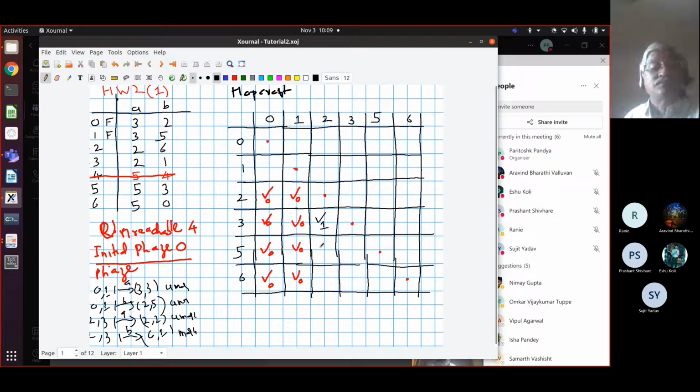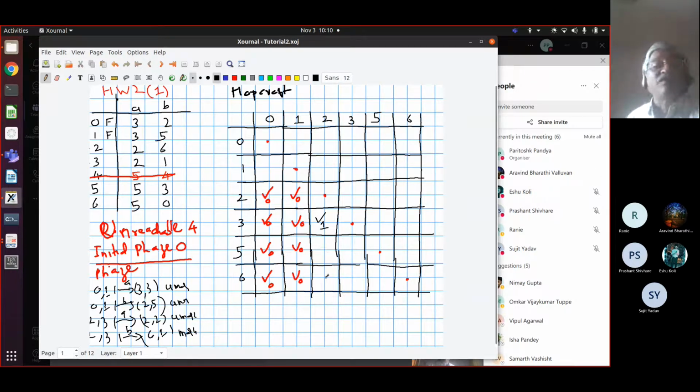What about 2, 5? 2, 5 can't be separated in this case, because 2 on an A goes to 2 and 5 on an A goes to 5. 2 on a B goes to 6 and 5 on a B goes to 3. So we get 3, 6, which is also unmarked. So we can't mark 2, 5, right?